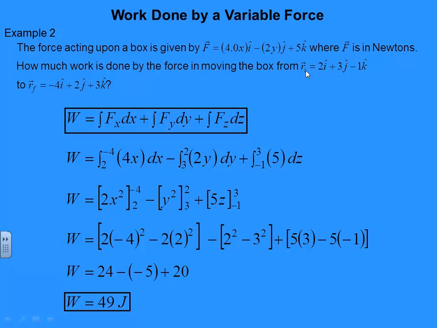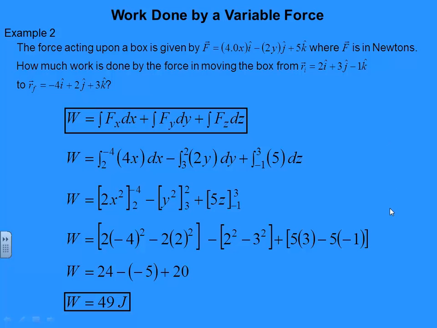So in moving the thing from this position to this position using this force in 3 dimensions, we get a scalar answer. It's kind of cool, really, in the end, that you just get one number out. This is how much energy we added into the box-Earth system in this case, applying this variable force in 3 dimensions from here to here.